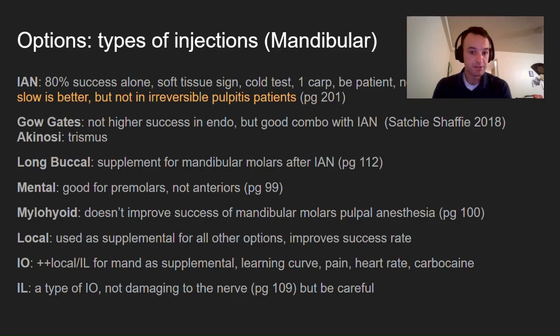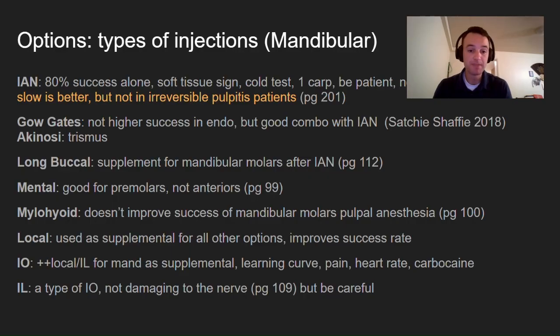You have to have specific equipment, and it can be painful for the patient. There can be post-op consequences. It can include a heart rate jump, which is why it's often recommended to use Carbocaine. Once it becomes something you're comfortable with, it's a really good resource because it has a very high success rate. Some of the studies say if you give it twice, the success rate is as high as 100%.